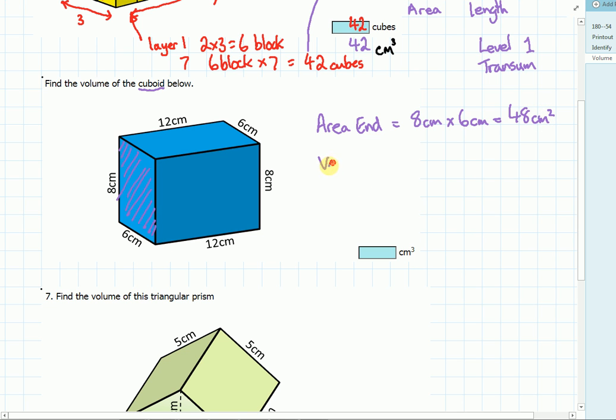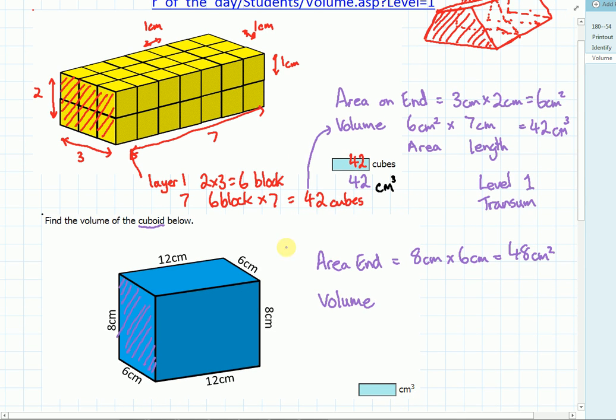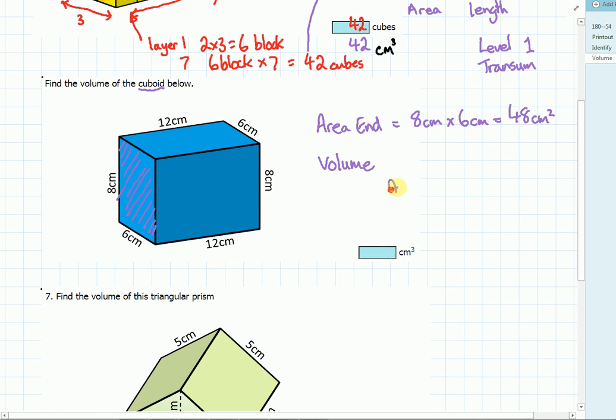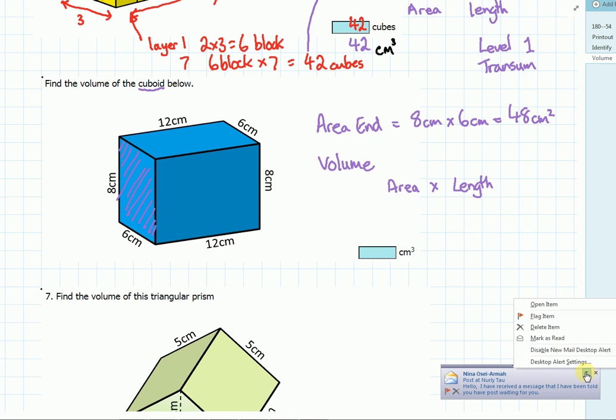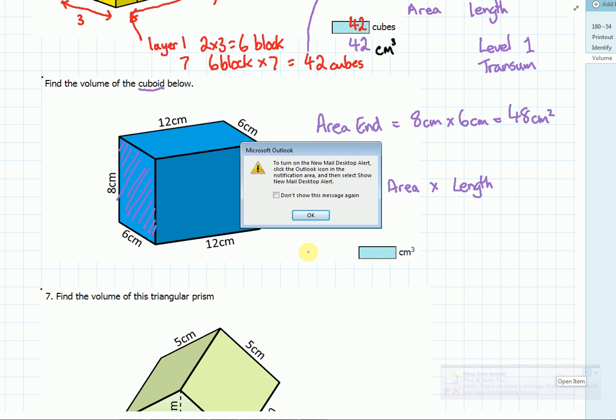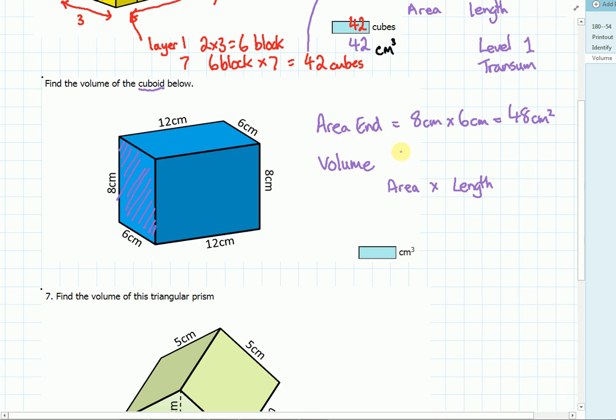The volume, effectively counting the number of cubes in this shape, we do the area times the length. Area times the length is 48 centimetres squared times the length.